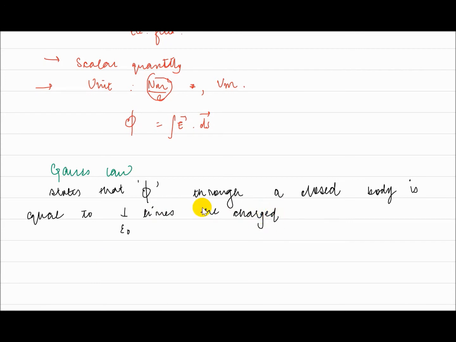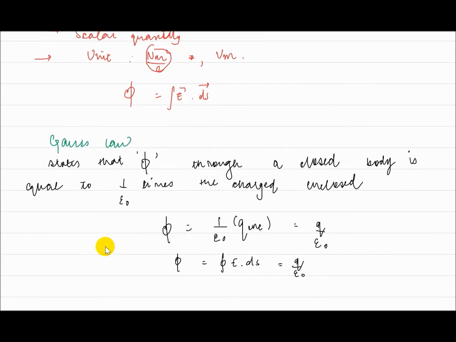So, phi is equals to 1 upon epsilon naught Q enclosed. The flux is equals to E dot ds, which is equals to Q by epsilon naught. So further we'll prove this theorem.